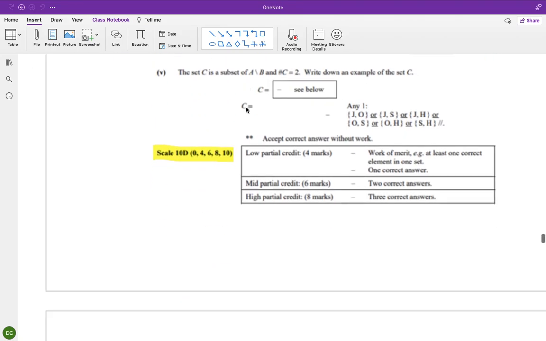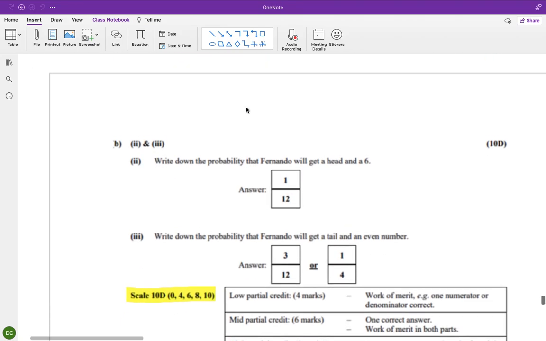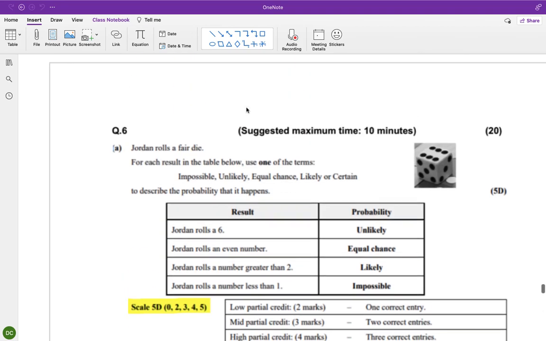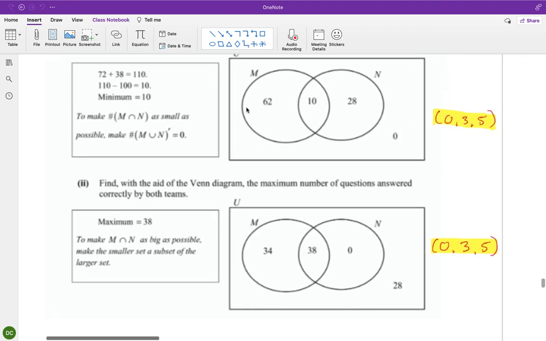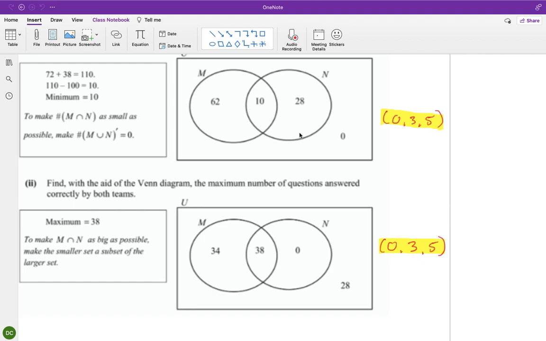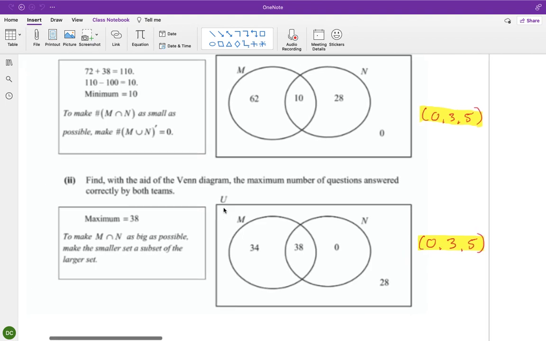Let's have a look at the marks. So the minimum is 10, the maximum is 38, and the marks are 0, 3, 5.